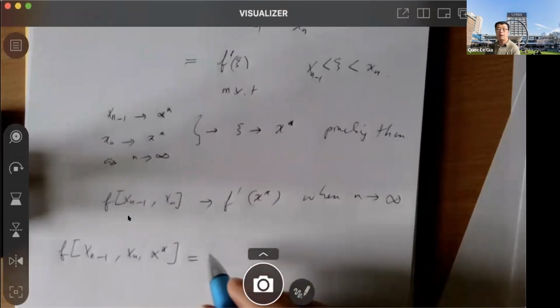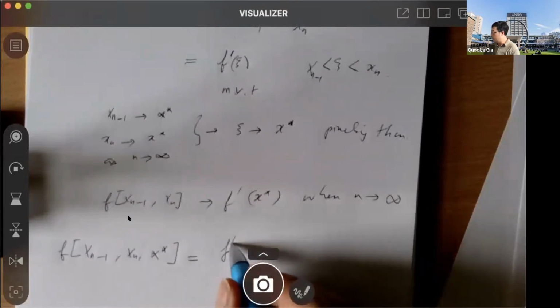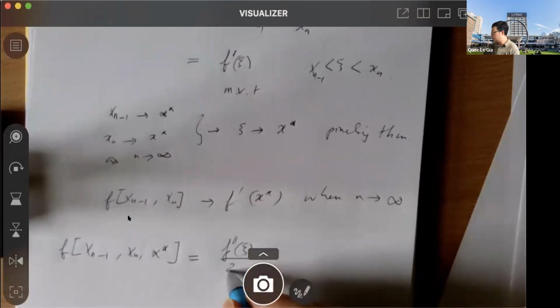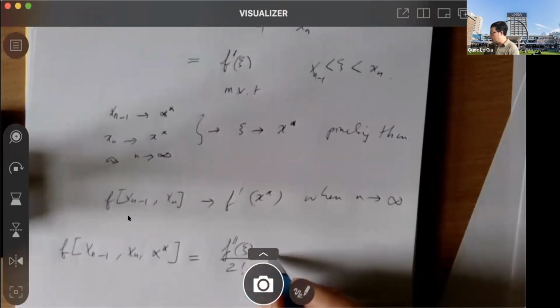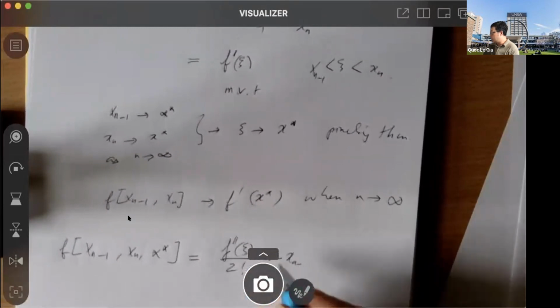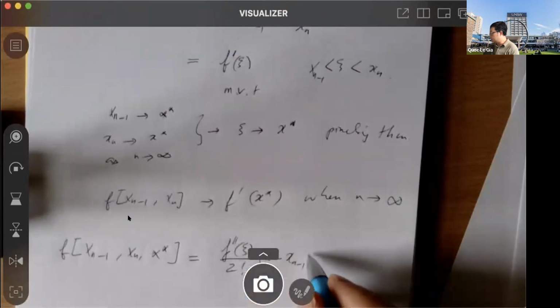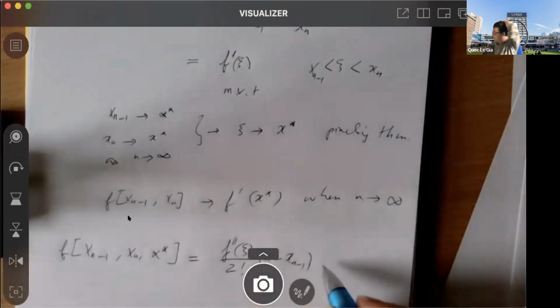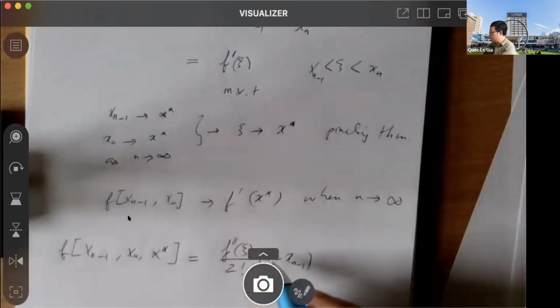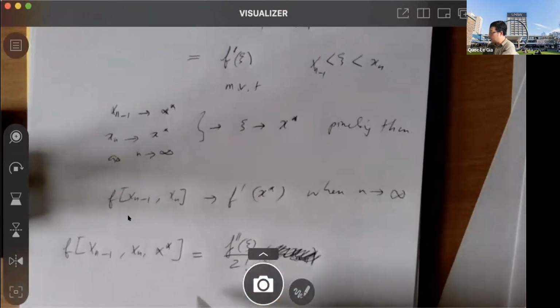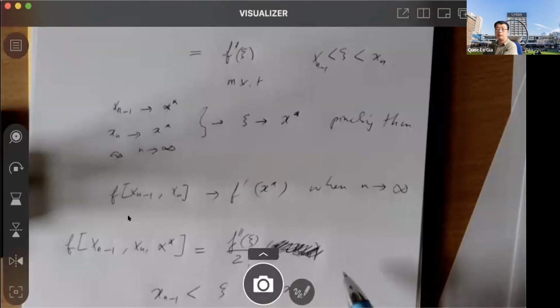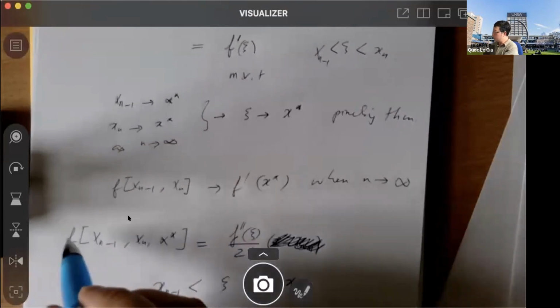Let's say that this one equals f double prime of xi over 2 factorial, for xi between xn minus 1 and xn. So what theorem is this?